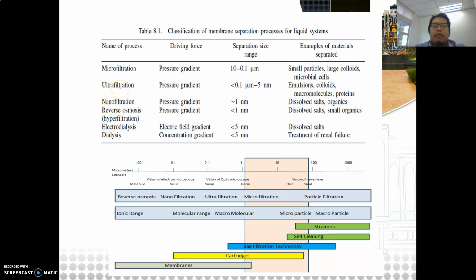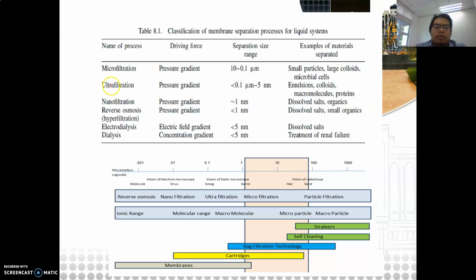For example, if we look at microfiltration, where the driving force is pressure, it will separate particles between 0.1 micron and 10 microns. Examples of the material separated are small particles, large colloids, and microbial cells.